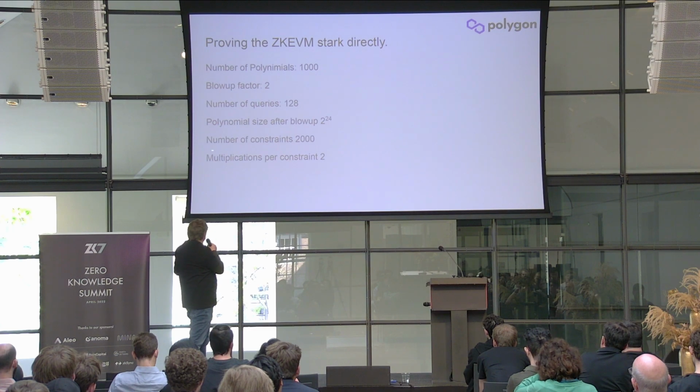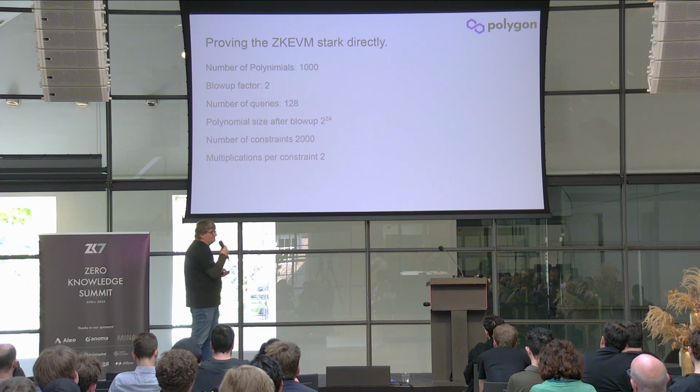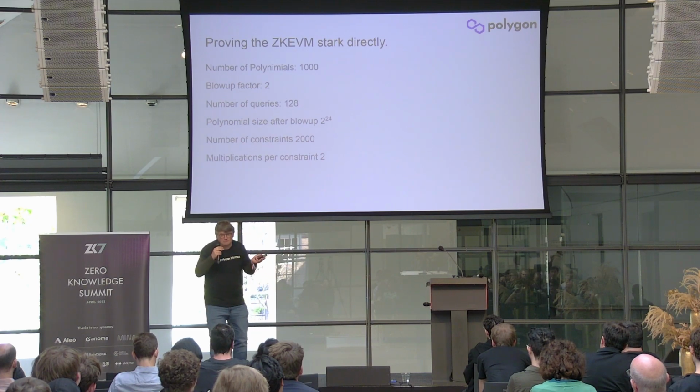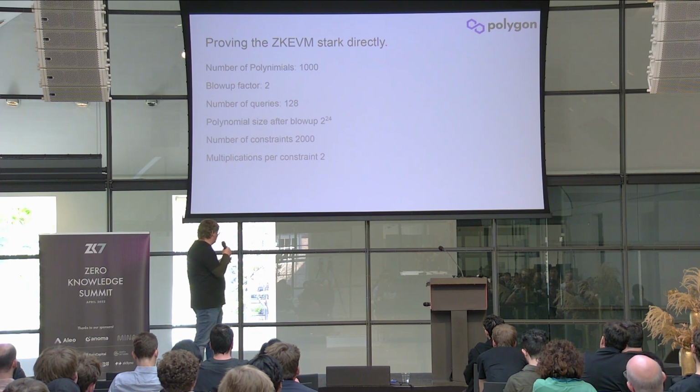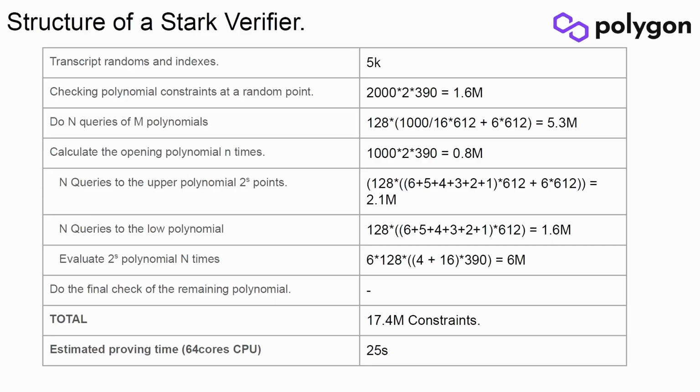Okay, so number of constraints. If we have 100 polynomials, maybe it's 2,000 polynomials. Let's put 2 multiplications per constraint, just as a rough number. So we have a total, and this is what we have. What would be the numbers? We need to go step by step and check.